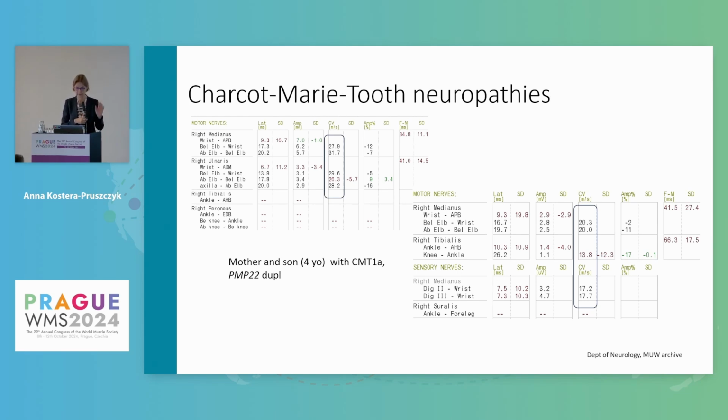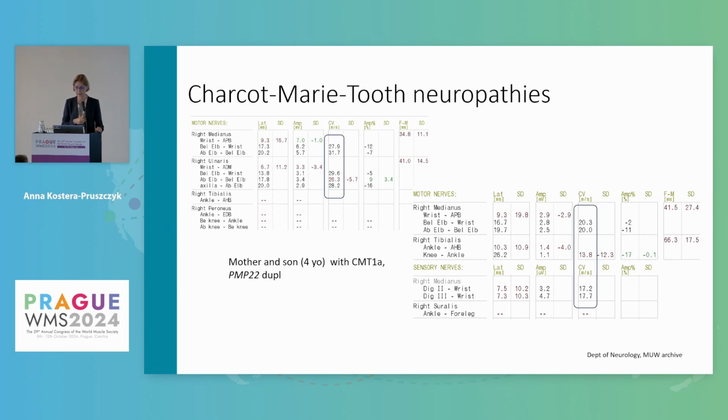This is a different family, this time mother and son. The son is 4 years old, and what we can appreciate is that in the nerve conduction studies, the slowing is homogeneous no matter what nerves we test.